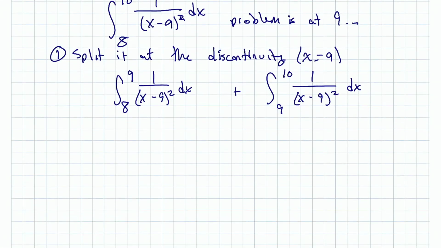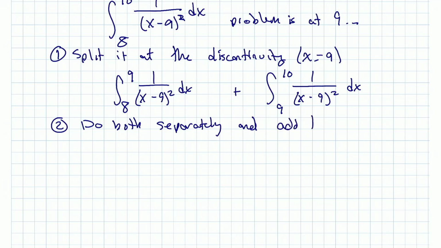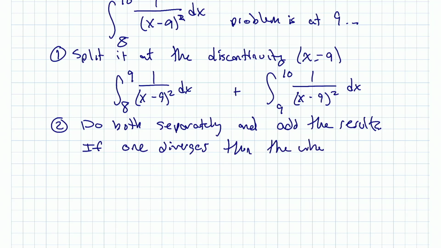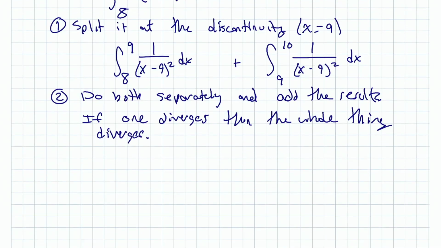And then the same rules apply. You have to do both of these separately and add up the results. And keep in mind, if one diverges, you're done. The whole thing diverges. Okay, so you just split it that way.